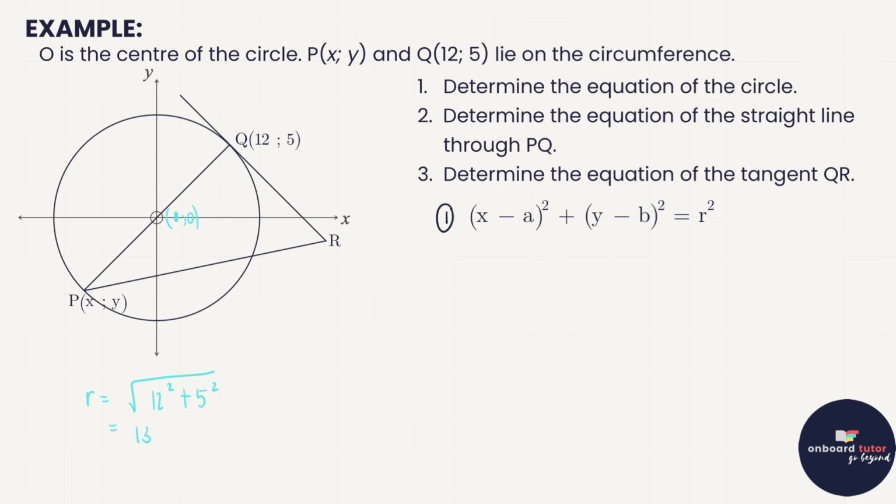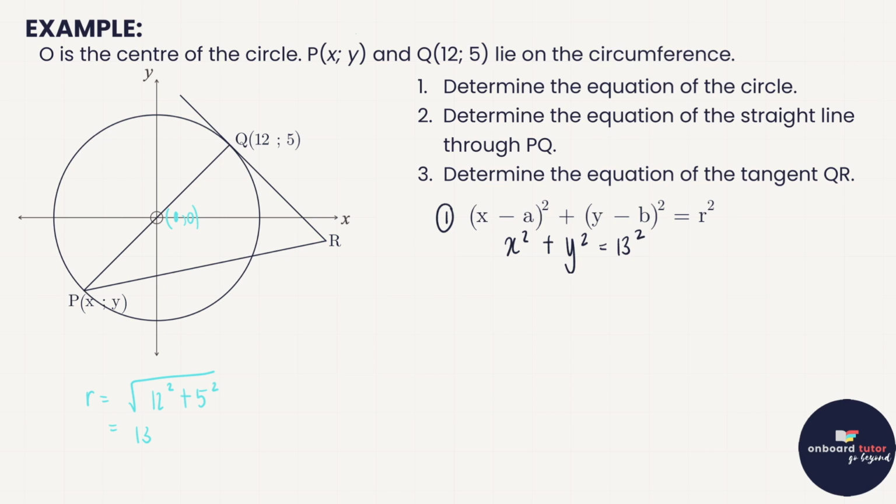Now I can substitute into this equation: x minus 0 squared plus y minus 0 squared is equal to r squared. You can either write 13 squared or you can write 169.